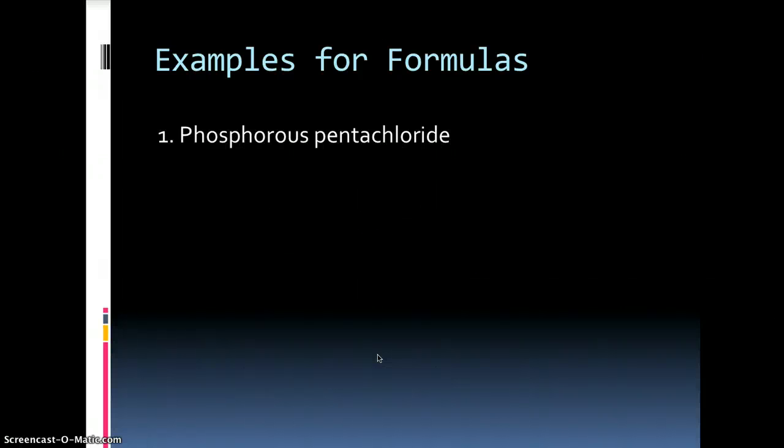When you do formulas, you're just going to work backwards. No prefix means 1. Prefix of 5, or penta, means 5, so this would be PCl5. Disulfur is 2 sulfurs. Trioxide is 3 oxygens, so S2O3.